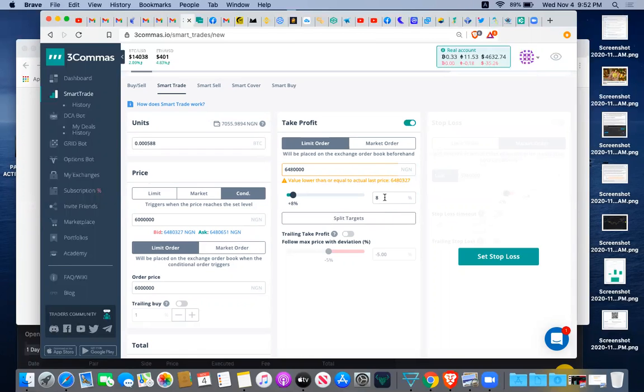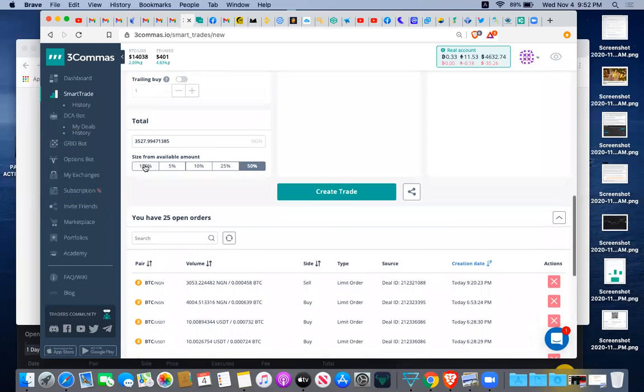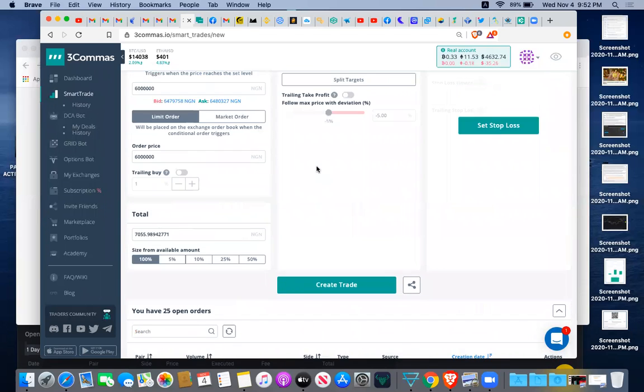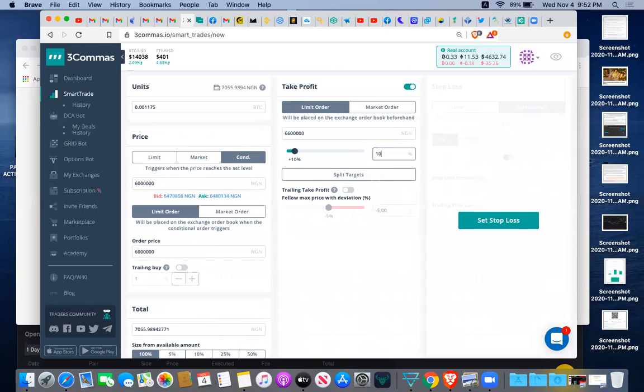Okay, assuming I have more, so I can put 8%. All right, volume too low. Okay, let's go this way. 100%. How about that? Volume too low. 10%. So 10% of my market will be 6.6 million.